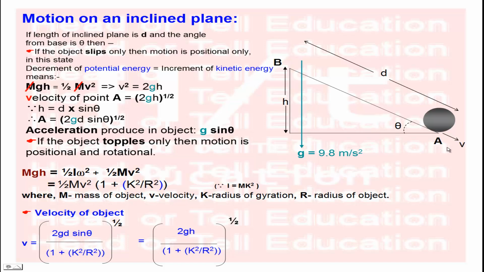Now this is point A, so the velocity of point A equals the square root of 2gh.